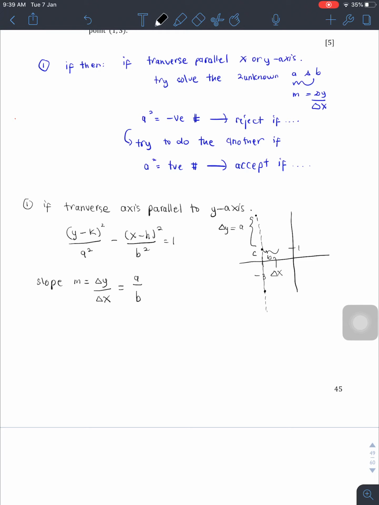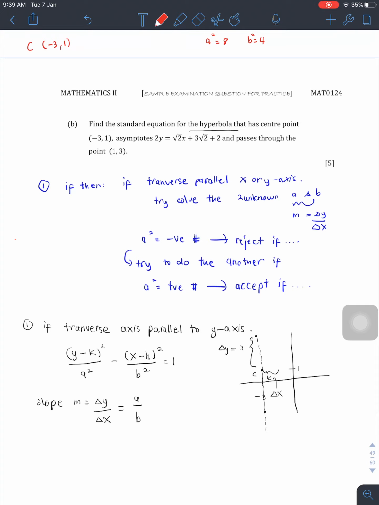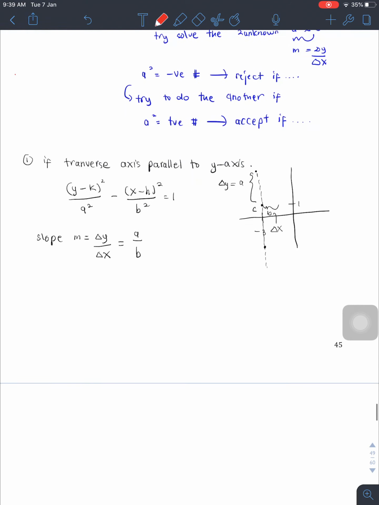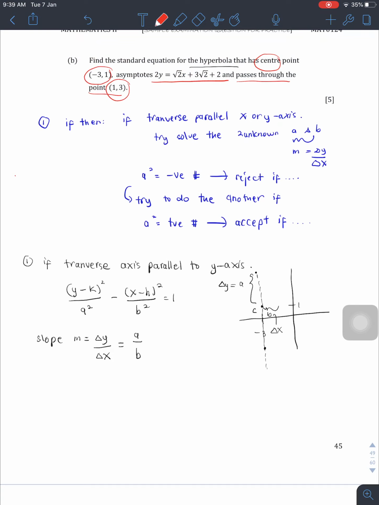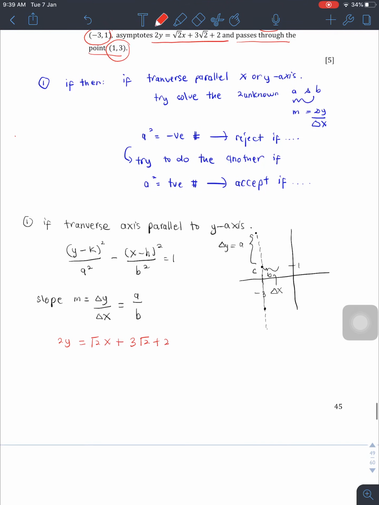Okay, now from the equation given, you know a few pieces of information. The first one, you know your center, and another one, you know it passes through the point (1, 3), and you know your asymptote. So from here, you can know the ratio of your slope from the given asymptote, which is, if you're given 2y equivalent to root 2 x plus 3 root 2 plus 2, what you would do is simplify until you get a straight line equation.